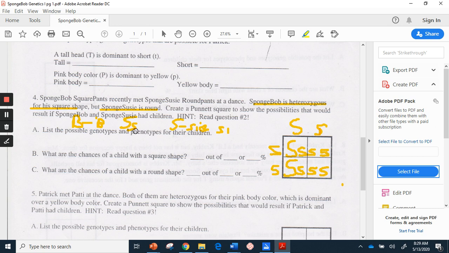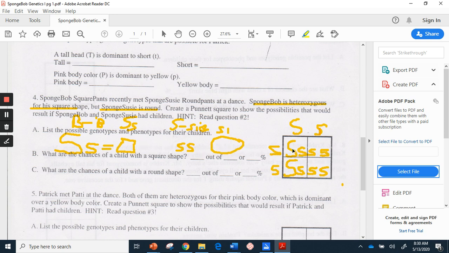So, possible genotypes and phenotypes. We know we have our capital, right? There's a possibility of a heterozygous, and that would give us a square shape. And then we have our 2 little s's, 2 recessives, and that would give us a round shape.